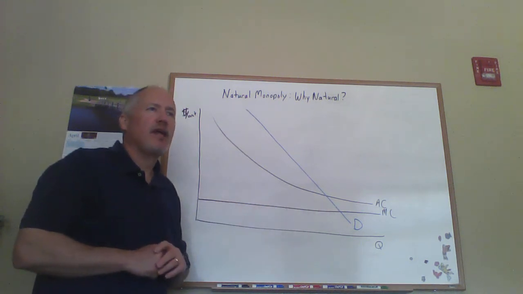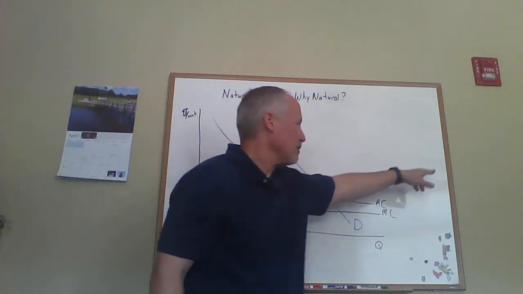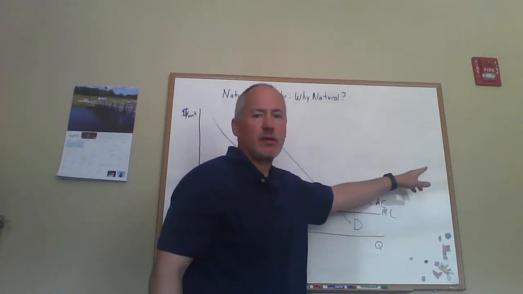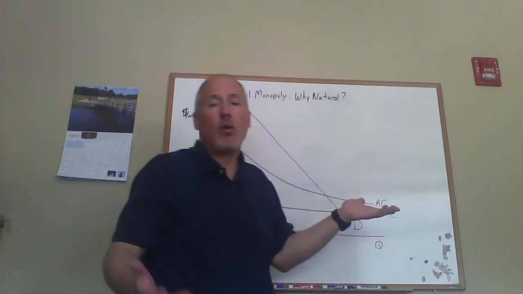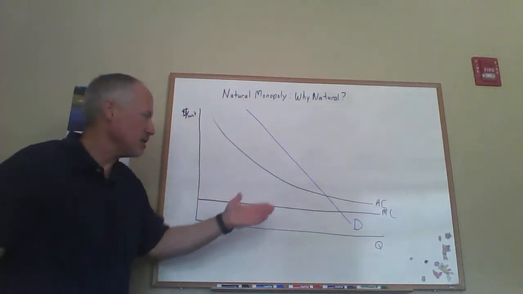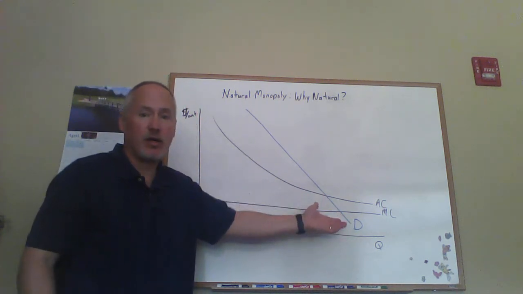I put that qualification in there because it might be the case that this average cost curve could start to bend up someplace way over here to the right. Well, that's kind of irrelevant, because this is how much people might possibly want to buy in this market.